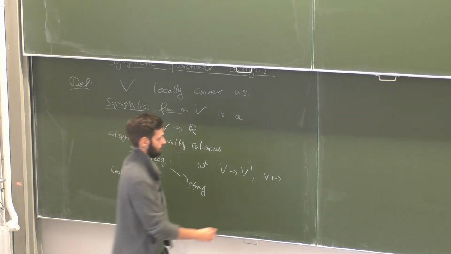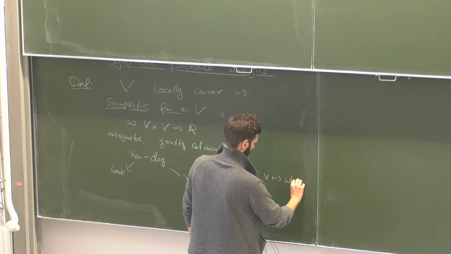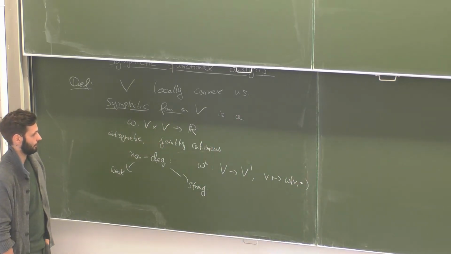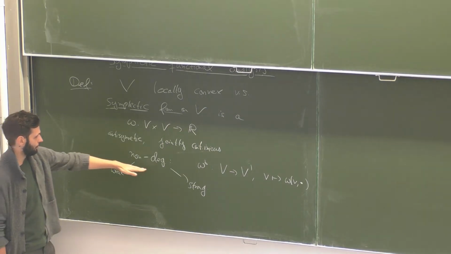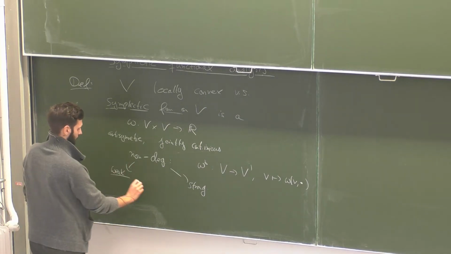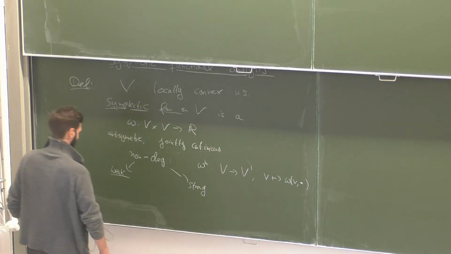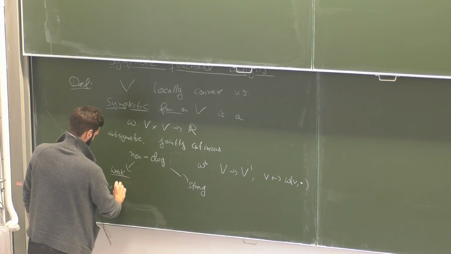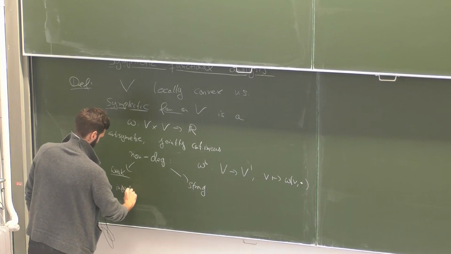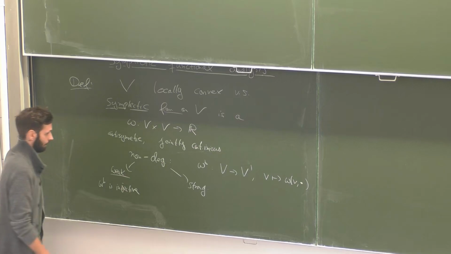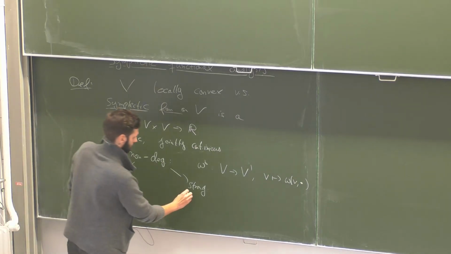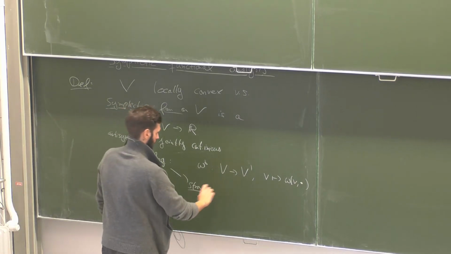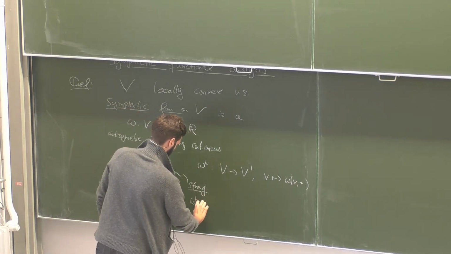So that's the dual form. The non-degeneracy weakly means that this map is injective. And we say that the symplectic form is strongly non-degenerate if this map is actually bijective.